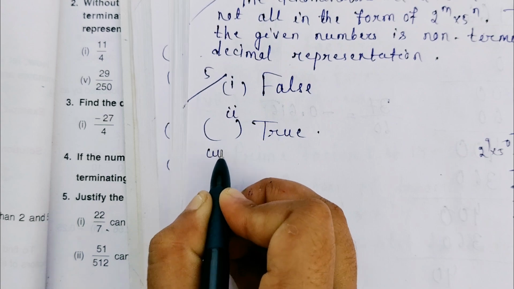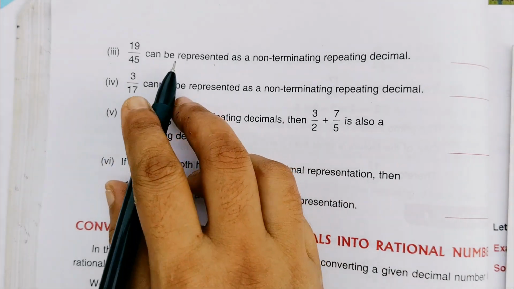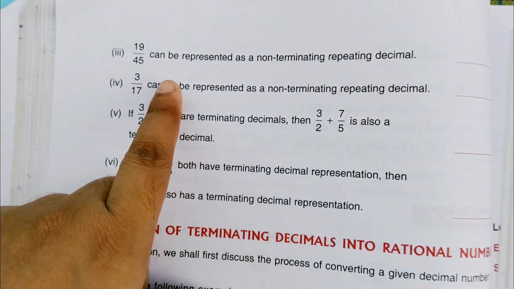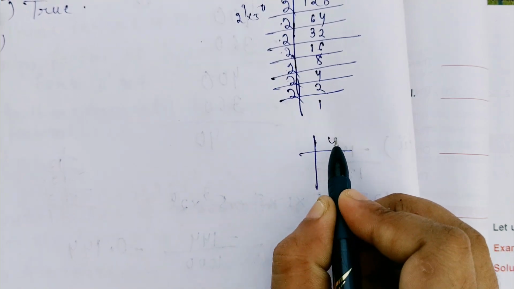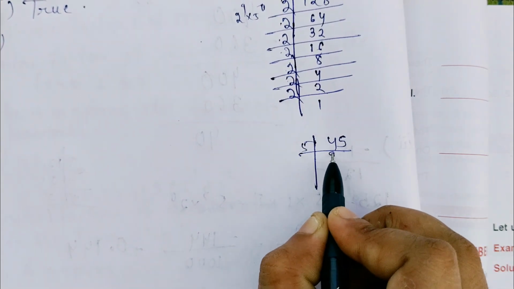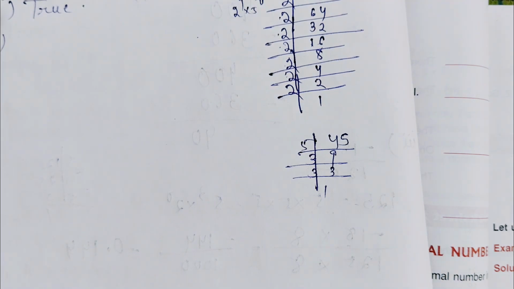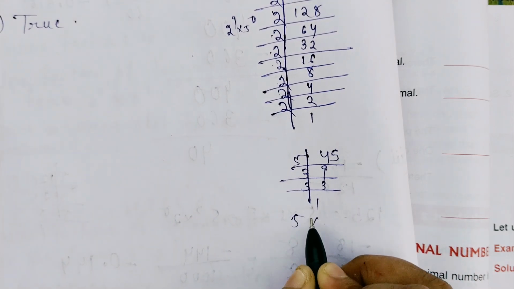Now we solve another point. 19 by 45 can be represented as a non-terminating repeating decimal. First I find the prime factors of 45. 5 times 9 is 45, 3 times 3 is 9, 3 times 1 is 3. So 5 into 3 to the power 2.